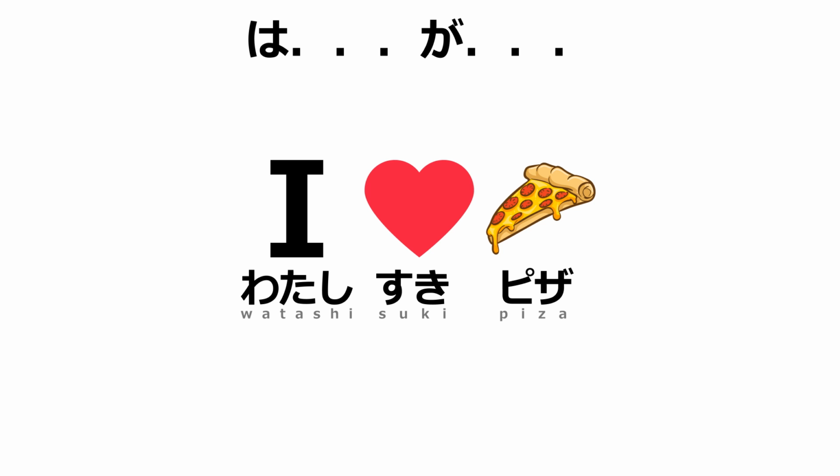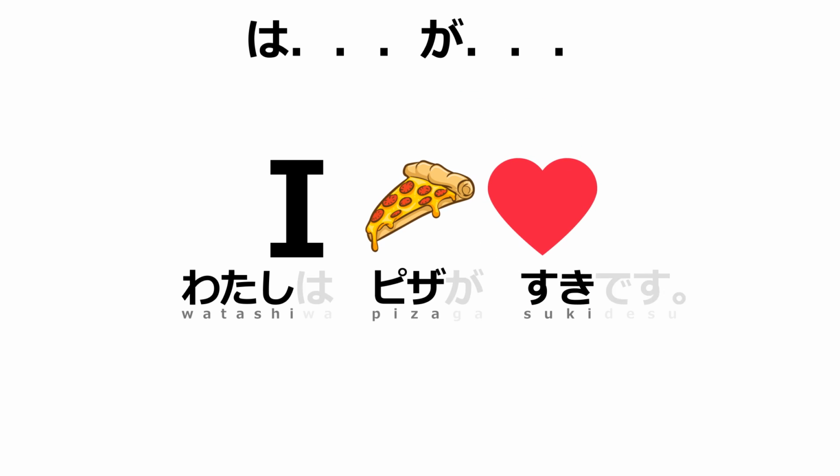To say, I like pizza in Japanese, you would say, 私はピザが好きです。 Breaking that down, 私, I, は, the topic marking particle, ピザ, pizza, が, the subject marking particle, and finally, 好き, liked. です is not necessary, but it makes the whole sentence polite.